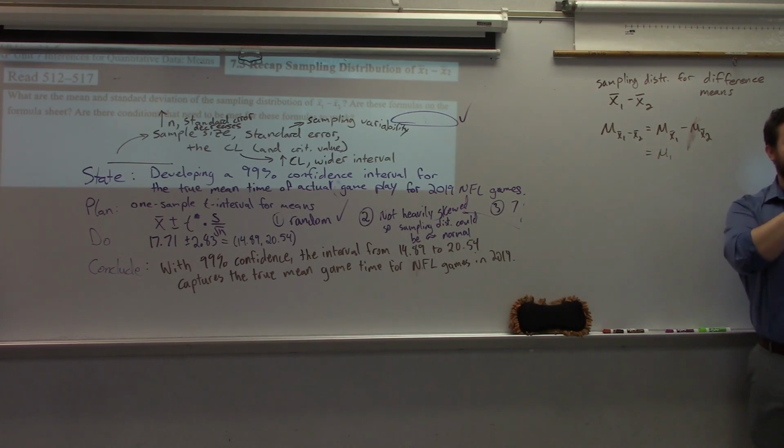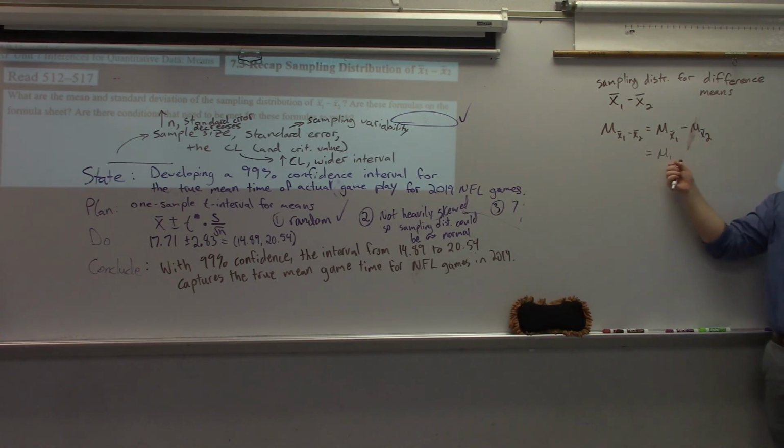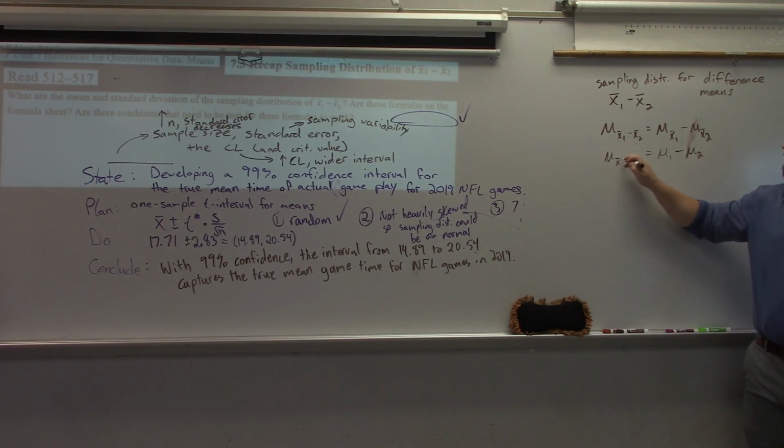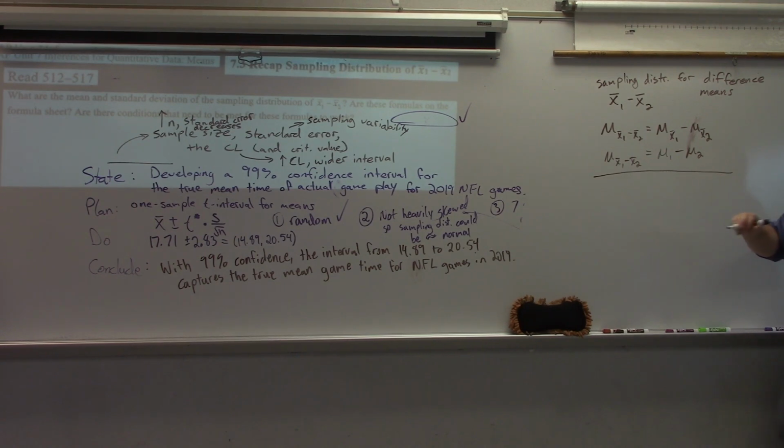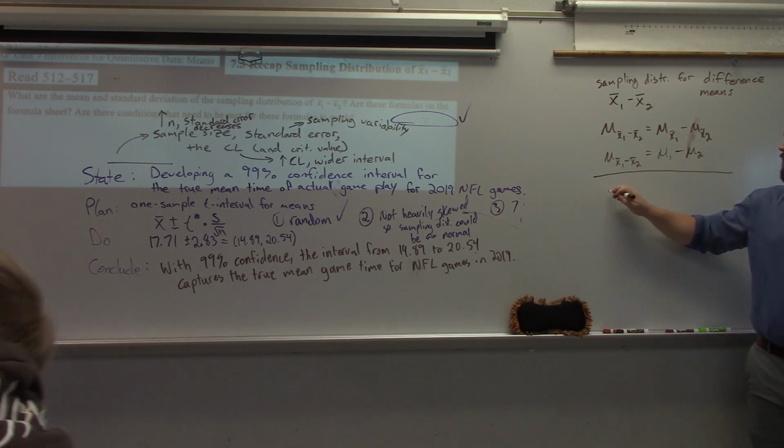If you look at that formula sheet, doesn't it say mu1? It does, I believe. They even skip this middle step, but it's mu1. So what would be this one? mu2.